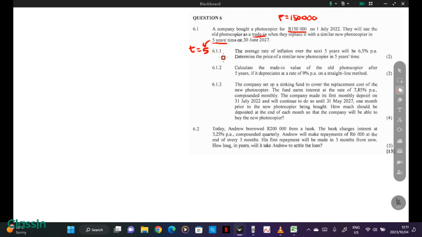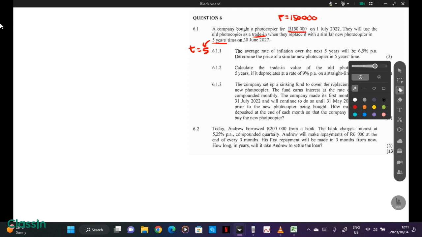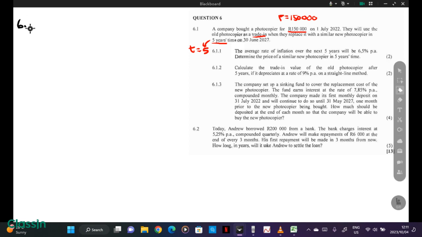So if we go to 6.1.1, they say that the average rate of inflation over the next 5 years will be 6.5% per annum. Determine the price of a similar new photocopier in 5 years' time.